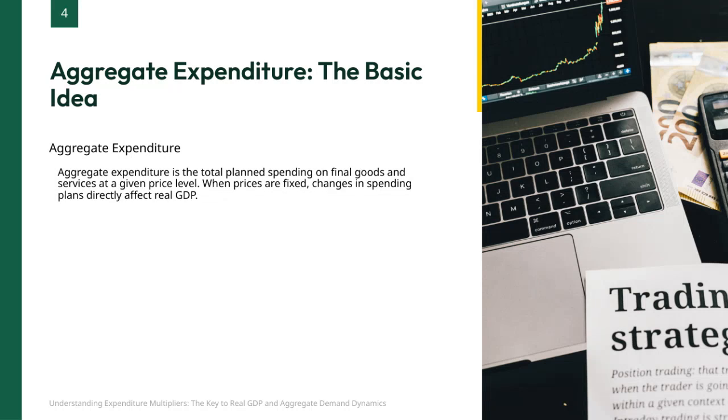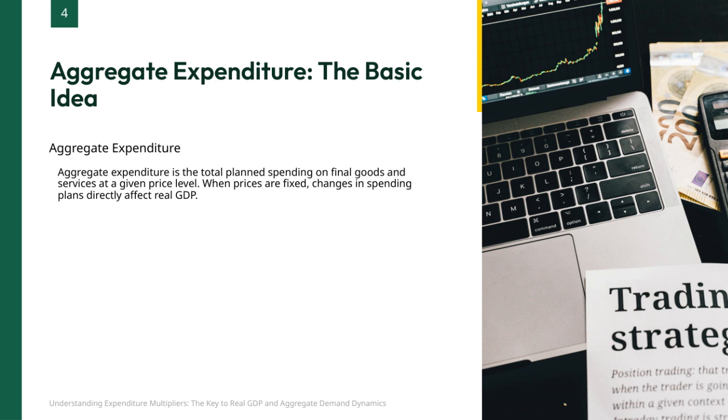Here we focus on the concept of aggregate expenditure, which represents the total amount of planned spending on final goods and services within an economy at a specific price level. The key idea is that when prices are fixed, any changes in spending directly influence real GDP. Essentially, if people decide to spend more or less, it causes the overall economic output to rise or fall accordingly.